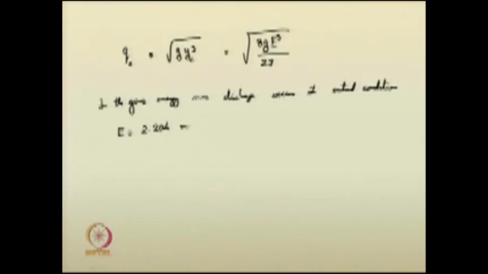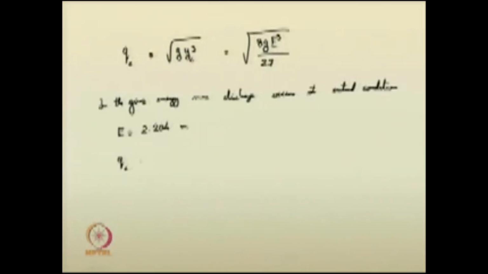So, you have E equal to 2.204 meters. For this specific energy to have maximum discharge, you have to see that the energy is in critical condition. Adopting the same thing, q c is equal to root of 8 into 9.81 into 2.204 whole cube by 27.